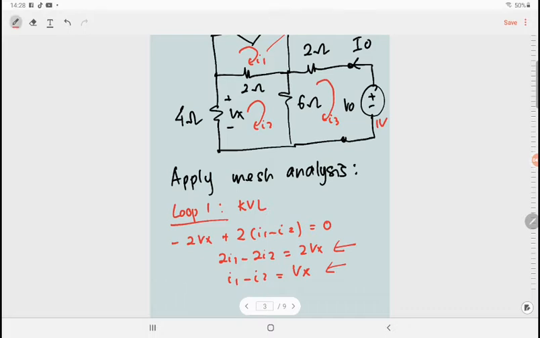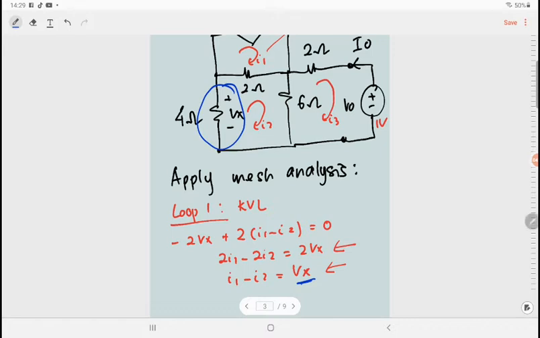Therefore, we need to know what Vx is, because this is mesh analysis. In mesh analysis, usually the unknowns in our equation need to be currents. So you need to know what Vx is from the circuit. This is our Vx, the voltage across the 4 ohm resistor. So V equal to IR.